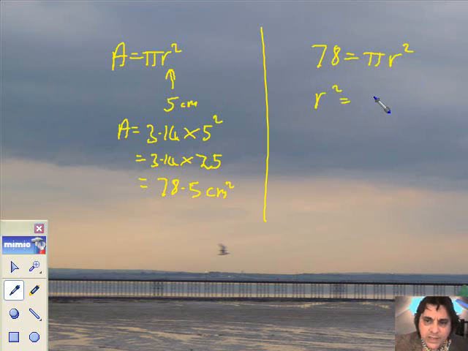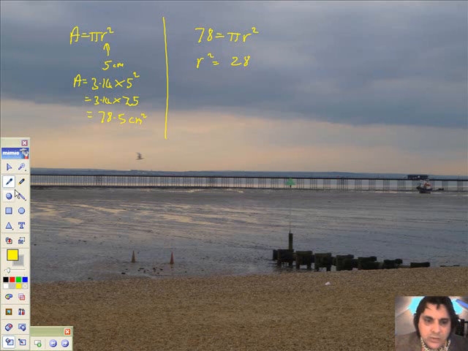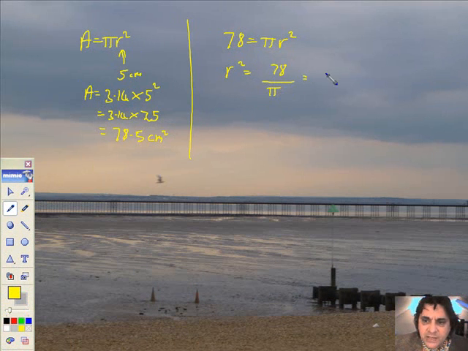So the radius squared is going to be 78 divided by pi. That's going to be 78 divided by 3.14. Let's just work that bit out. 78 divided by 3.14. Bam.